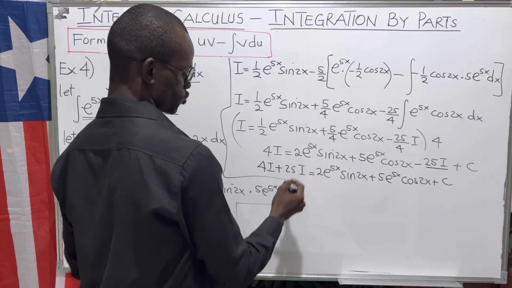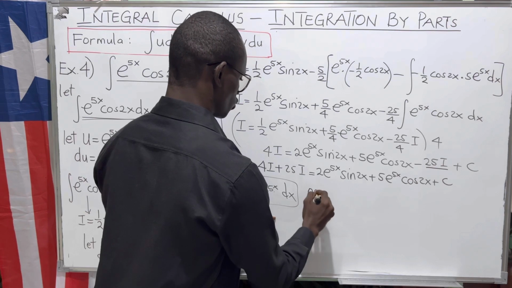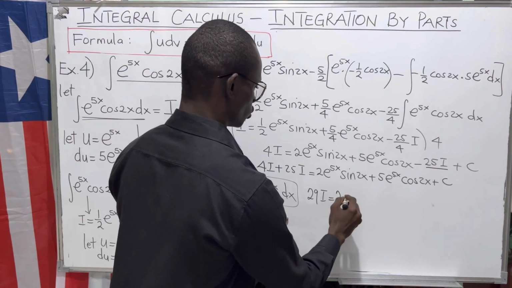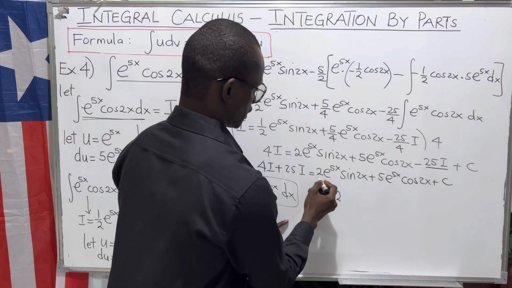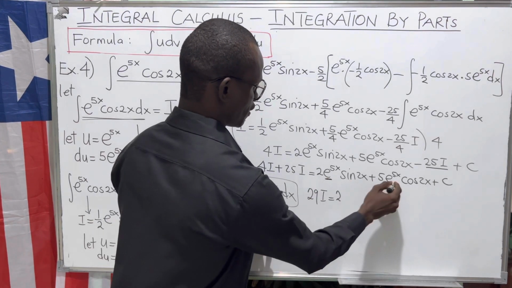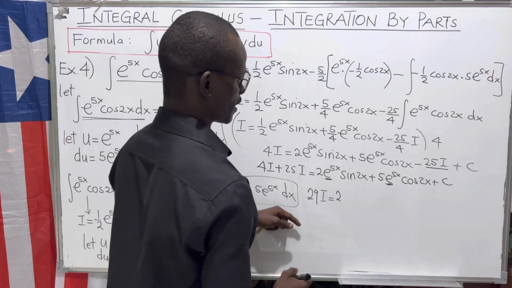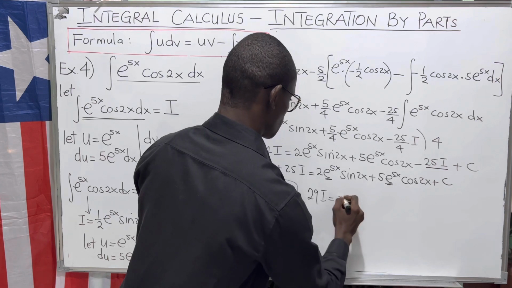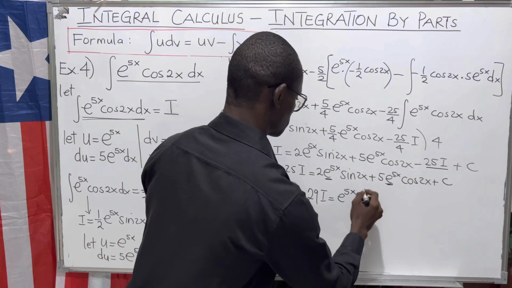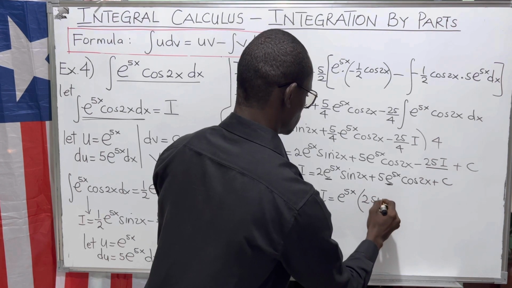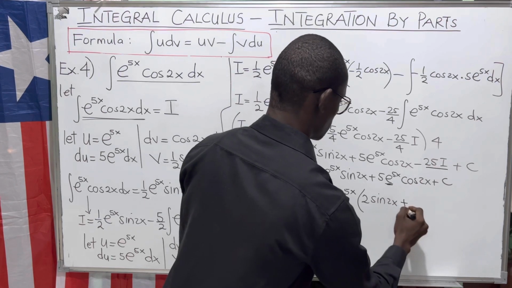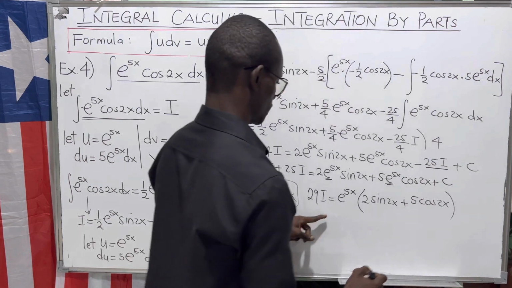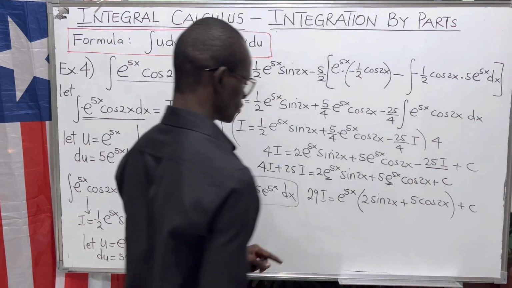So 4 plus 25 now is 29r. Now, e raised to the power 5x and e raised to the power 5x can be factored out. So I will have e raised to the power 5x times 2 sine of 2x plus 5 cos of 2x, plus some c.